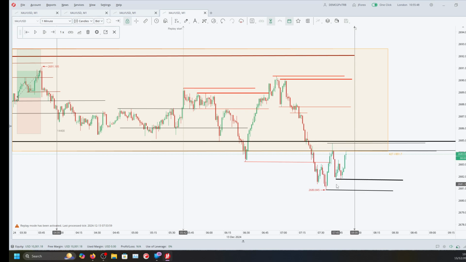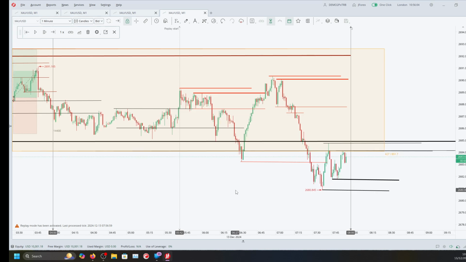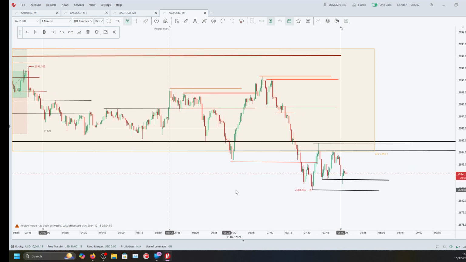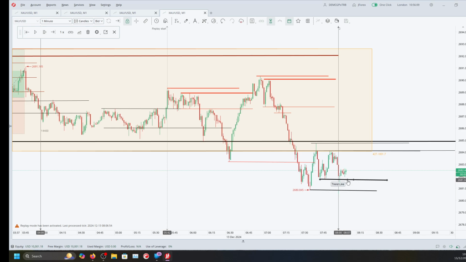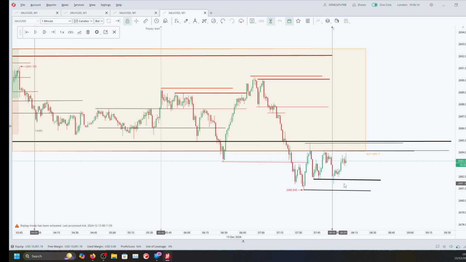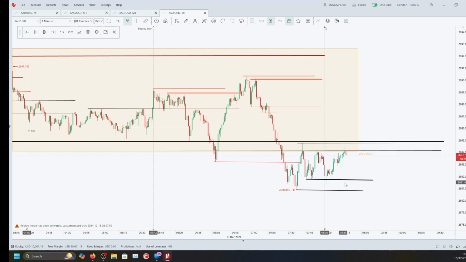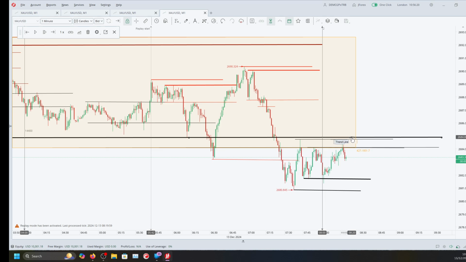So now I'm looking at, if structure starts breaking high and we start coming up through here, I'll be looking for price to come back into here to go long. So we're still failing. This higher low is still holding at the moment. And we can see price is failing to break through this structure point.